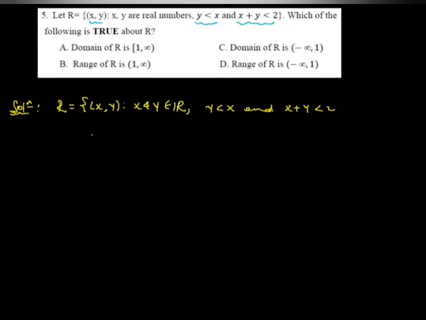To sketch it graphically, we first need to take the inequalities in the form of equations. We take y equals x first. Sketching y equals x, it is a line passing through the origin, the first quadrant and the third quadrant.